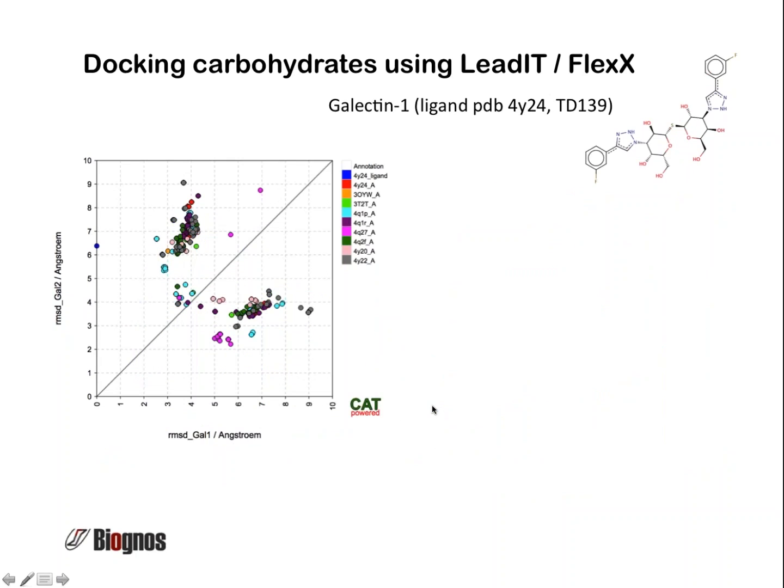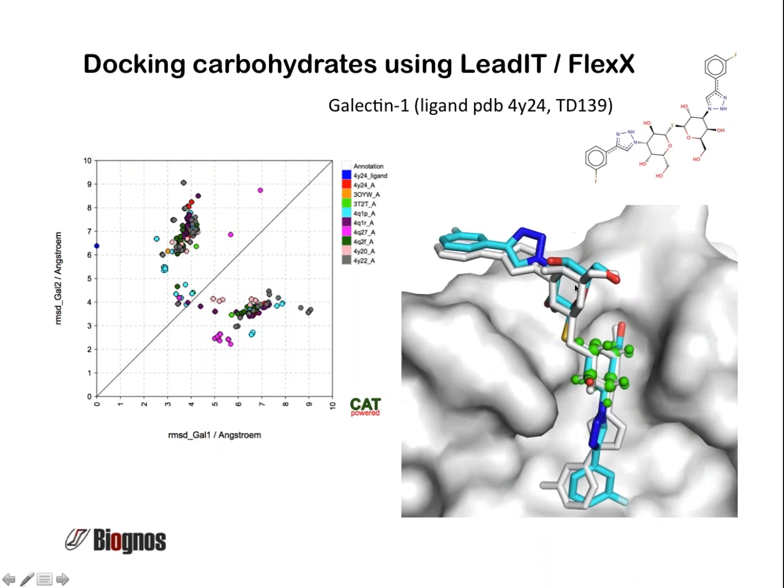As a next test, I used TD139 and docked it into galectin-1 as well. And you can see now the situation is not as good as before. Essentially, none of the poses in none of the targets reproduced the crystal structure, which is of course a little bit disappointing, but luckily there is a possibility to fix the problem.